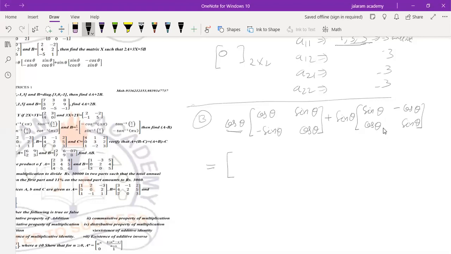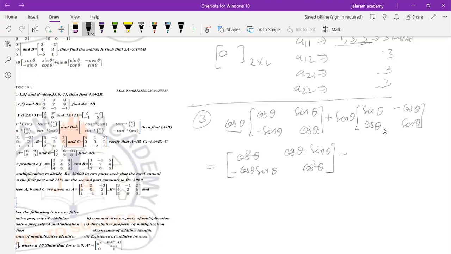The first matrix gives cos square theta, cos theta sin theta, then minus sin theta cos theta, and cos square theta.